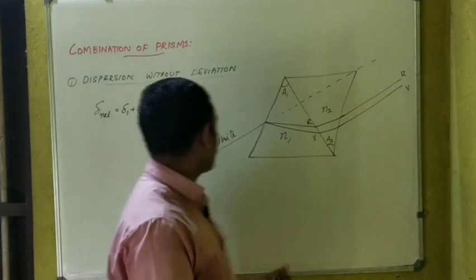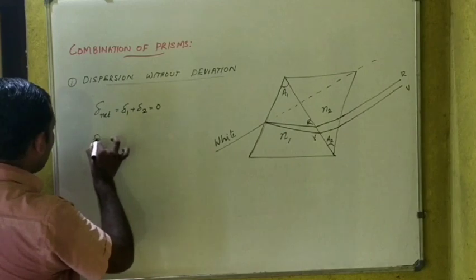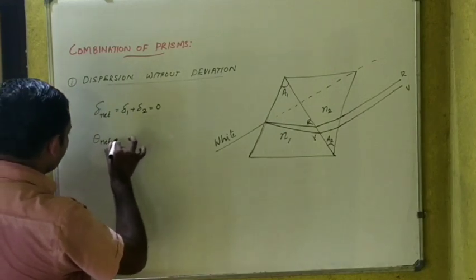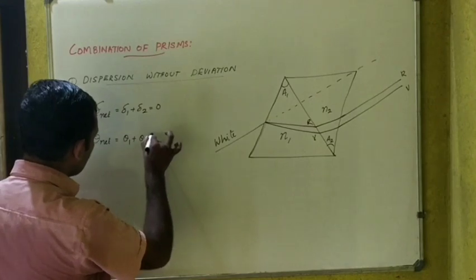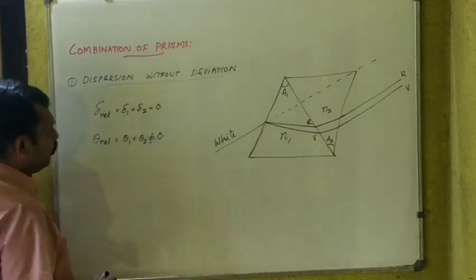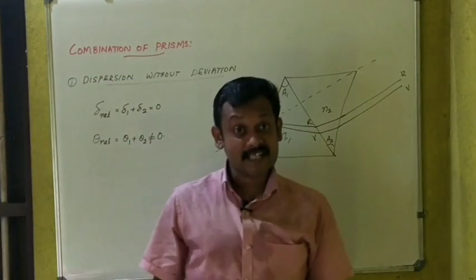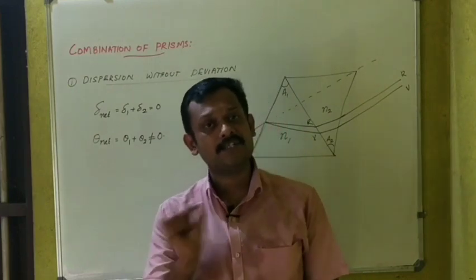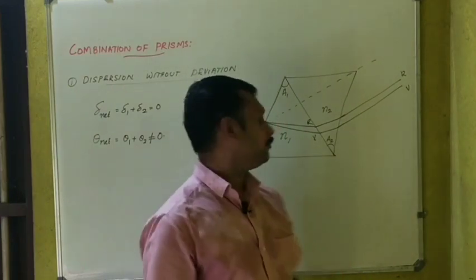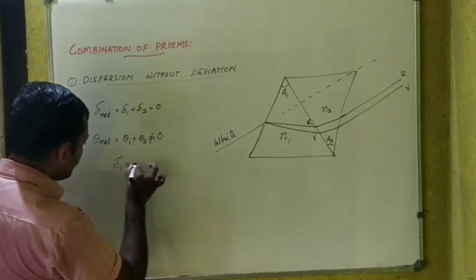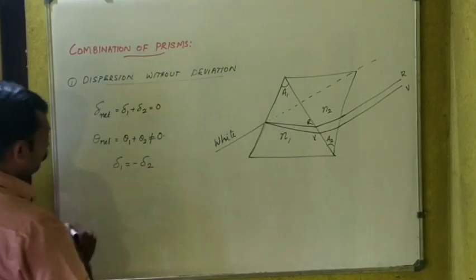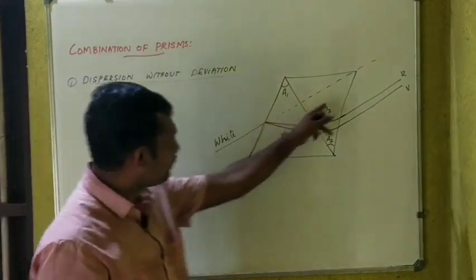But theta net is equal to theta 1 plus theta 2, which is not equal to 0. There is a net dispersion, but the net deviation is equal to 0. From the first relation, you can see that delta 1 is equal to minus delta 2. That is what you can see from the figure.